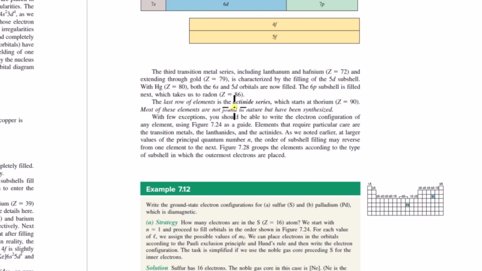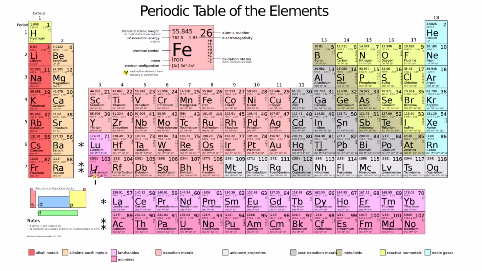Okay, but the last row of elements is the actinide series, which starts at thorium. Most of these elements are not found in nature, but have been synthesized. So I guess they didn't state this, but this would be characterized by incompletely filled 5f subshells, or readily give rise to it. So here's the actinide series.